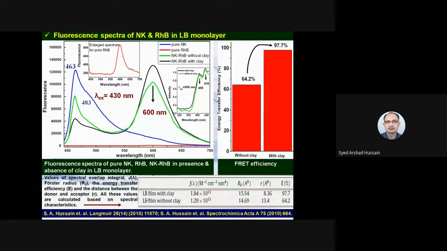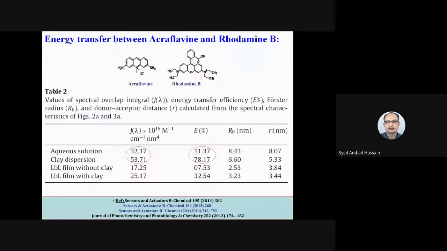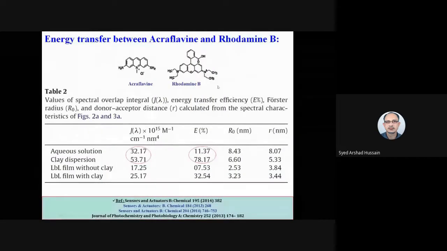And this is because in clay, the distance between molecules decreases from 13.4 to 8.36 angstrom. There is some theory, and you can calculate the distance between the molecules, the orientation, the efficiency, etc. So in the clay system, the distance changes, and you also see the orientation changes. Accordingly, efficiency changes.